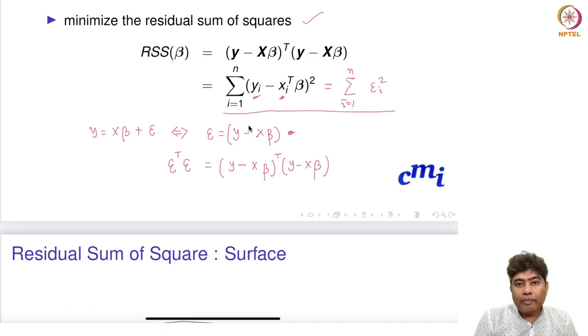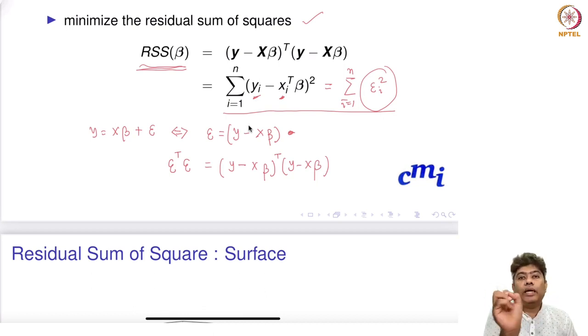If I change beta a little bit, naturally epsilon i squared will change. So RSS of beta, the residual sum of squares, turns out to be a function of beta, because if I change beta a little bit, the residual sum of squares will change.